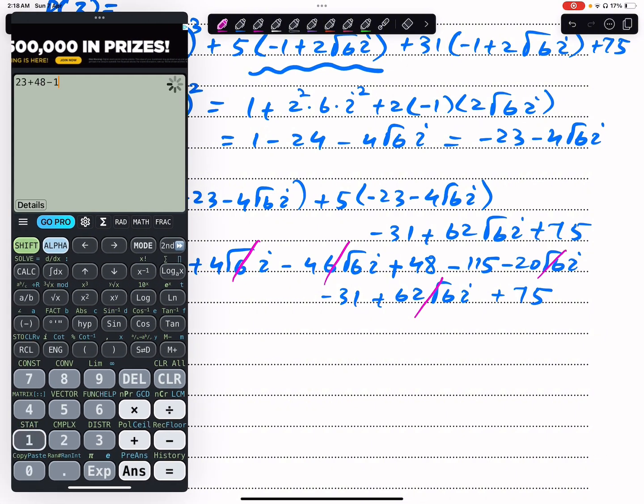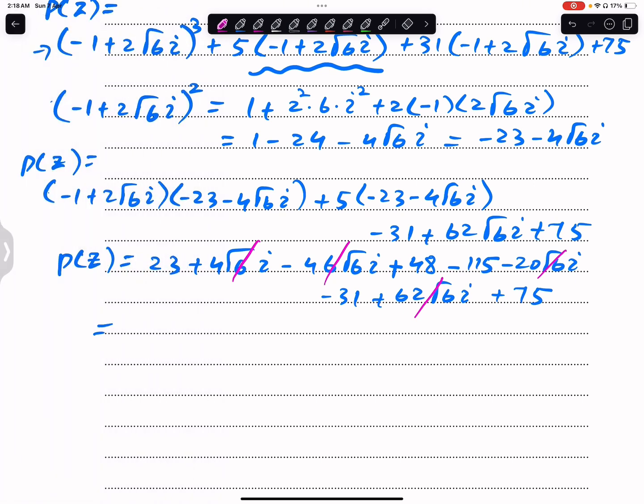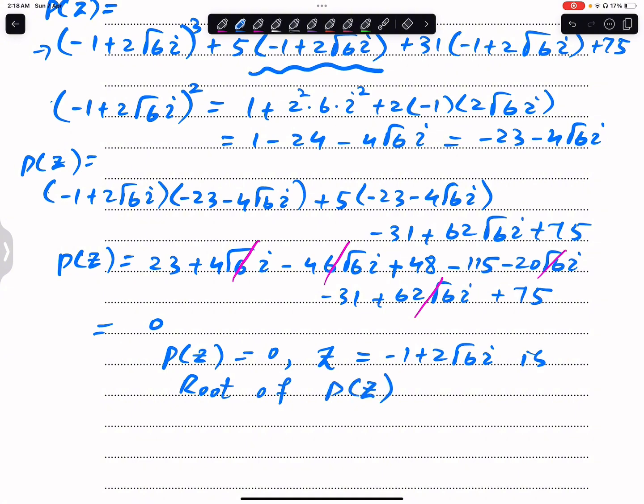Next you have is minus 115. Next you have is minus 31 and then plus 75. So this will also become 0. So congratulations, p of z becomes 0. So it shows that z is equal to minus 1 plus 2 root 6i is a root of p of z equal to 0.